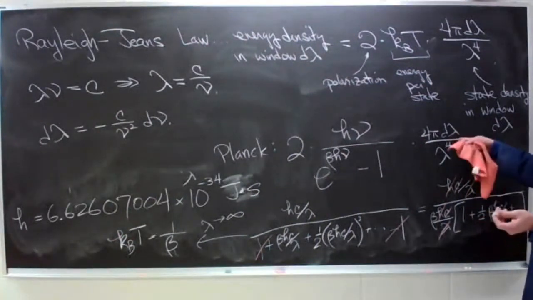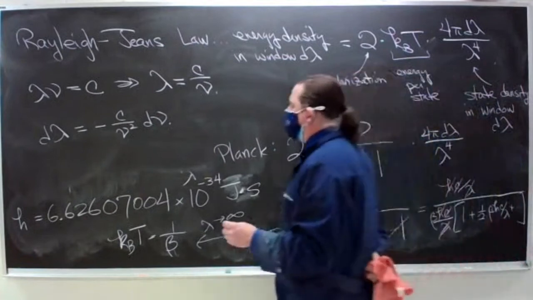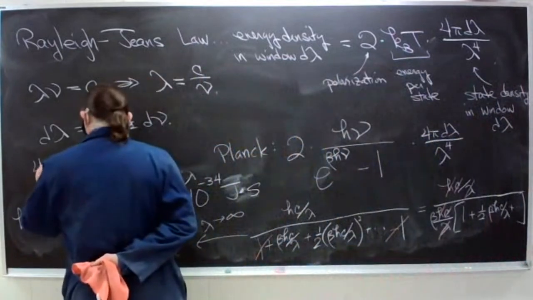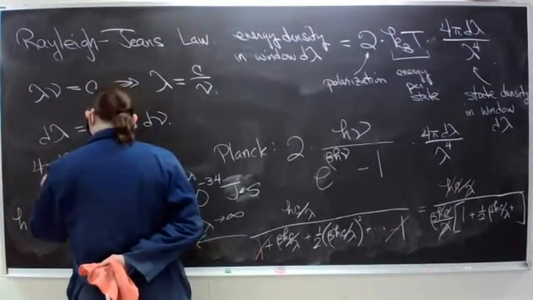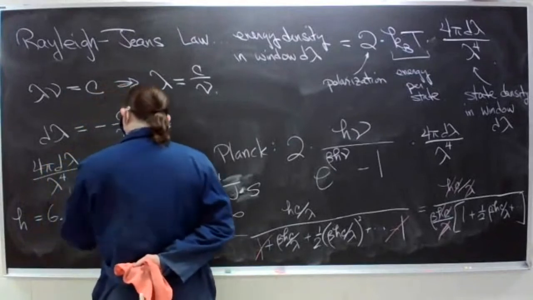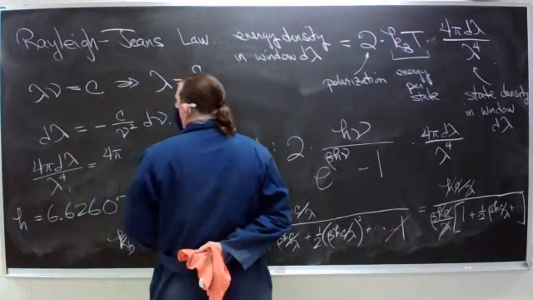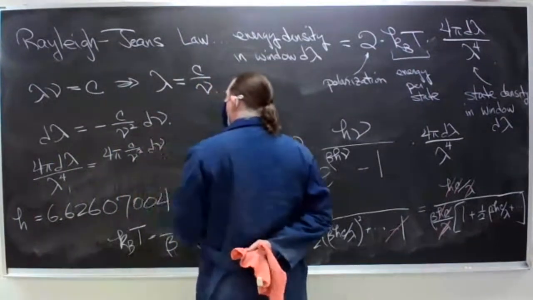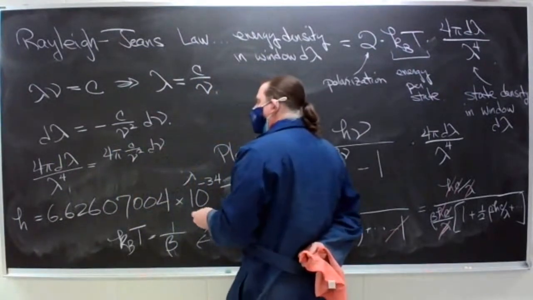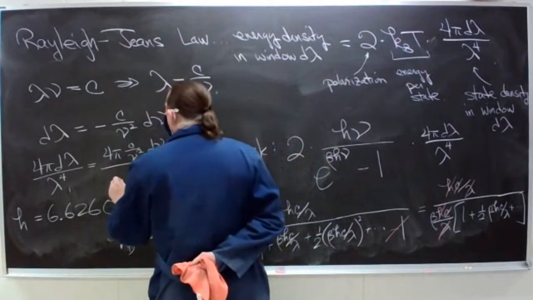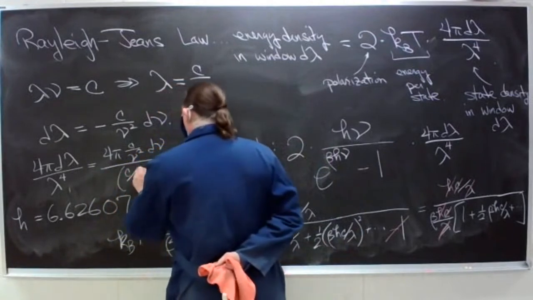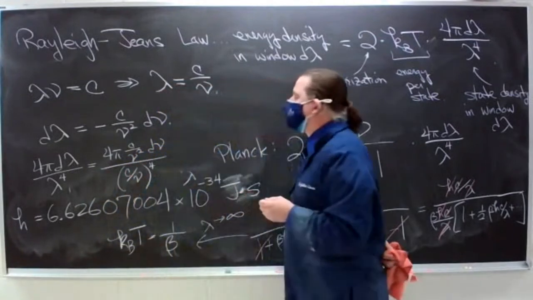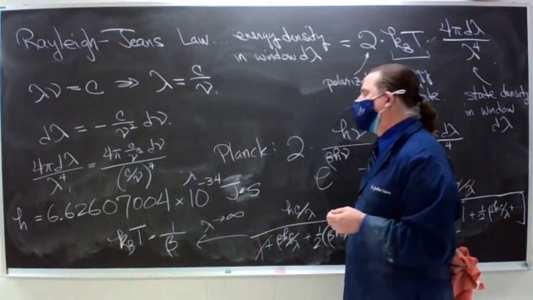All right, so I would have d lambda over lambda to the fourth. Let's see what happens to it. All right, d lambda was c over nu squared d nu. And then I've got c over nu to the fourth.